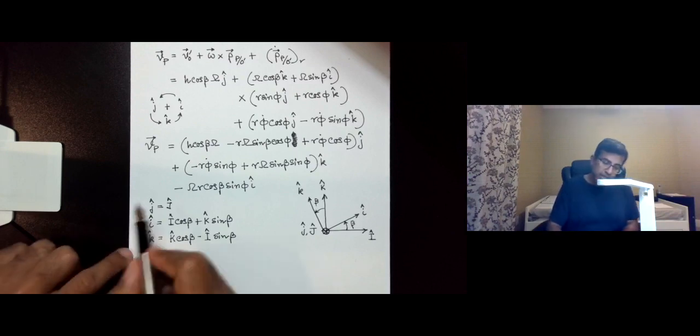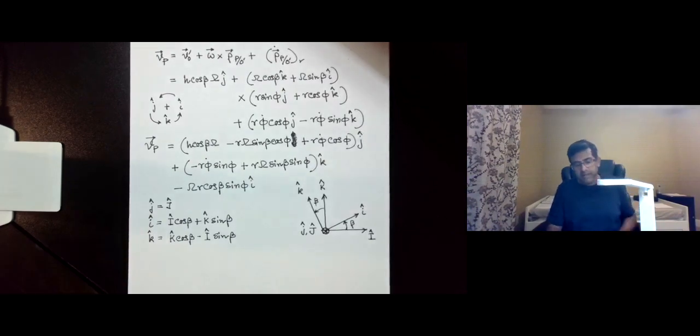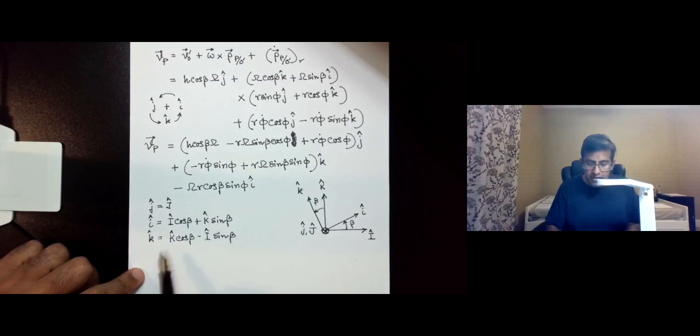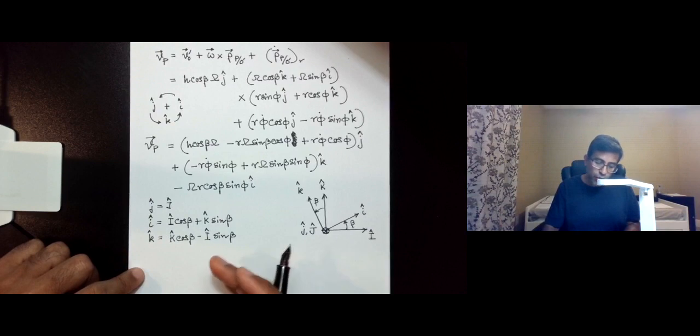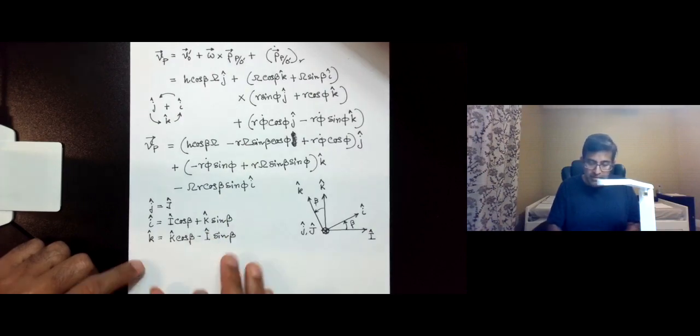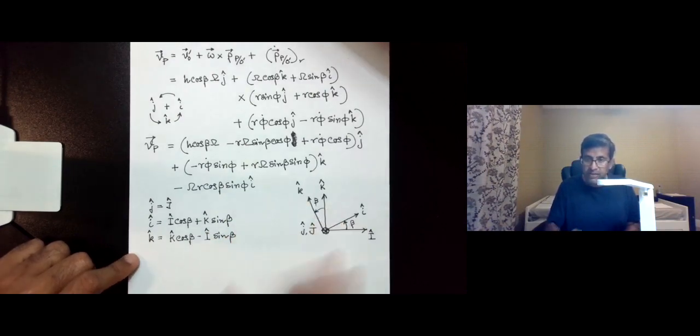So this is essentially our mapping, and you can consider this to be nothing but the transformation from one set of coordinates small i, j, k to another set of coordinates capital I, J, K, and you can consider this transformation as derived like this using just the vector projections, or you could also use a rotation matrix.